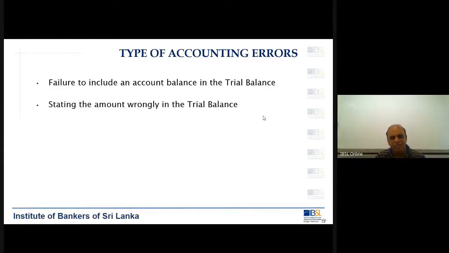Now these two errors that I spoke about are very important as far as you all are concerned, because in exams you are going to do this. When you are requested to prepare a trial balance, it is you who is going to take the individual accounts from the question paper to the answer script. So you have to remember that you have picked all the accounts.